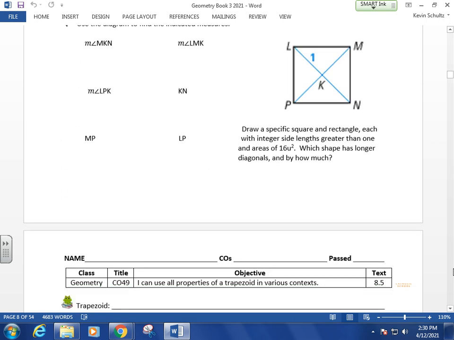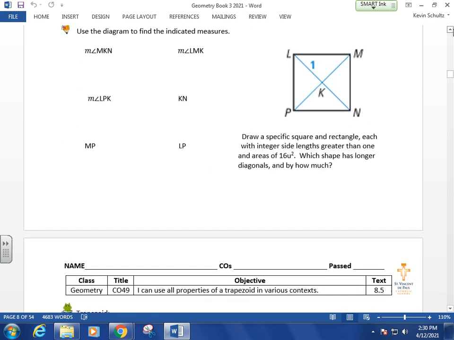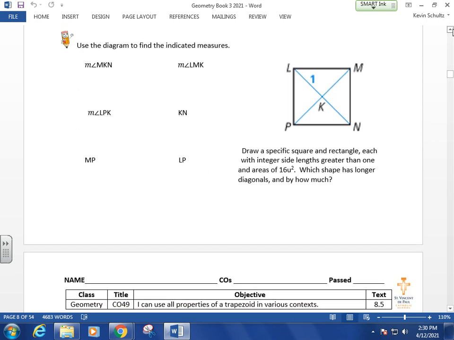All right, let's take a look at what we got going on here. Okay, similar to the rhombus and the rectangle page, I'm giving you a square. This one refers to LK only. Okay, but keep in mind here, since we have a square, we've got right angles all over the place. These diagonals intersect to make right angles in the middle, and we've got our right angles on the outsides or the corners of the square as well.